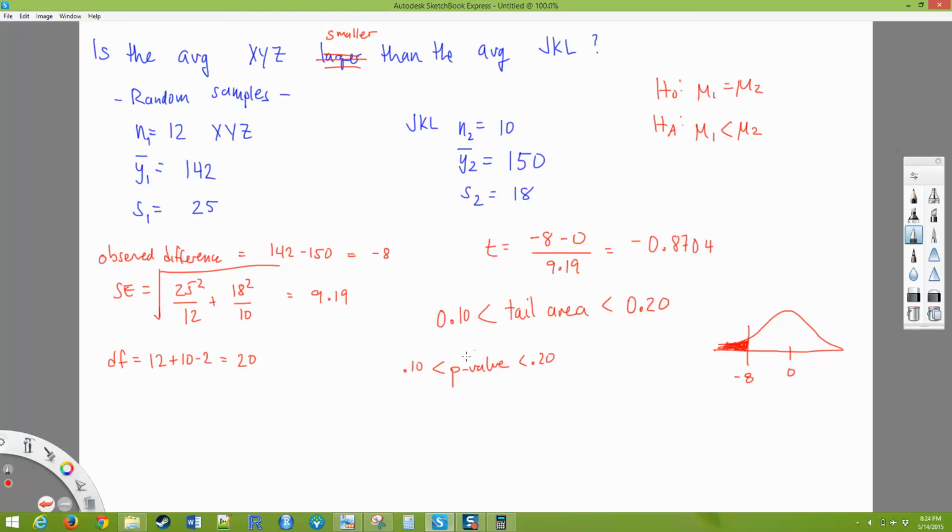Okay, and so this question is, could the result of getting 142 over here and 150 over here have happened by random chance? And the answer is yes. And the probability that it happened by random chance alone is something between 10 and 20%. So that's a non-negligible probability, okay?